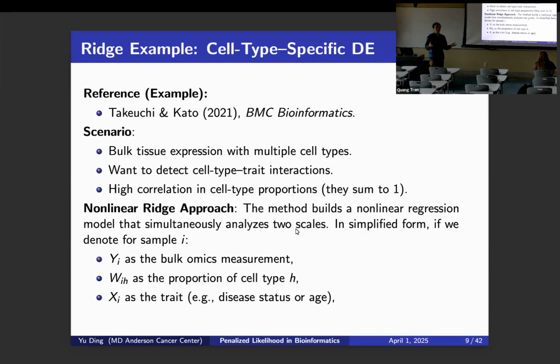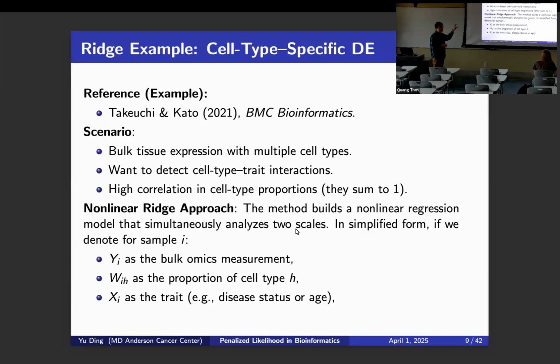We can always partition the people into subgroups, according to disease level, or according to races or genders or different features. We partition the patients into different categories, and we would like to detect the cell type specific difference among these subtypes or categories.